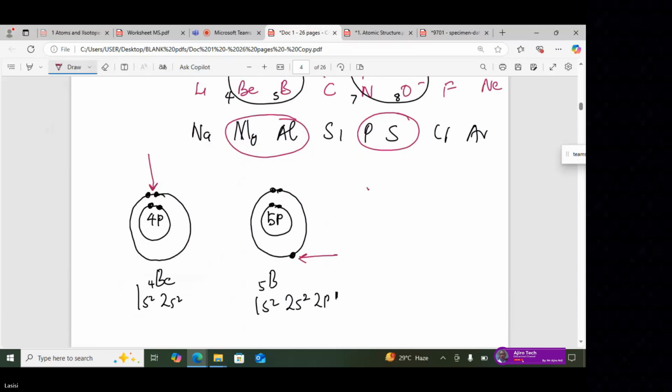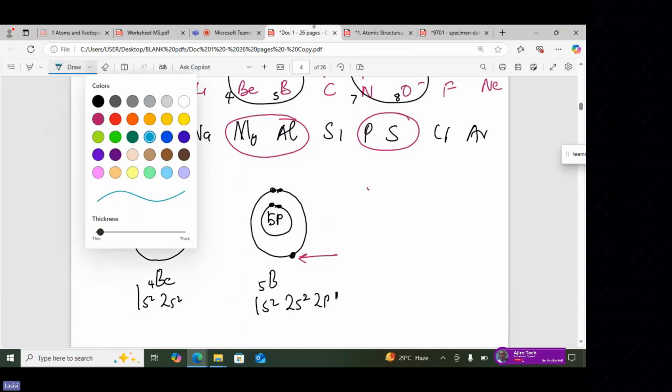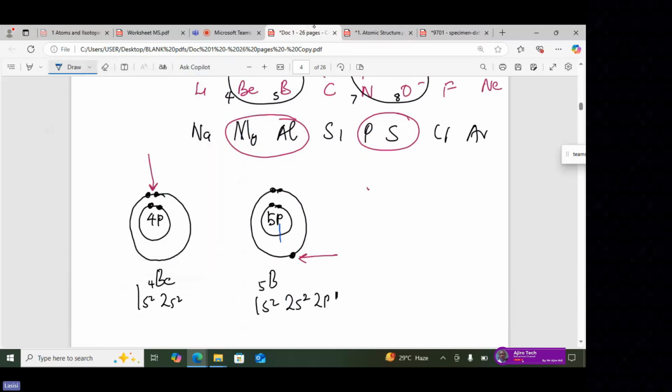In boron, a 2p electron. Now look at the distance. This one is very far from the nucleus, and this one is closer to the nucleus.